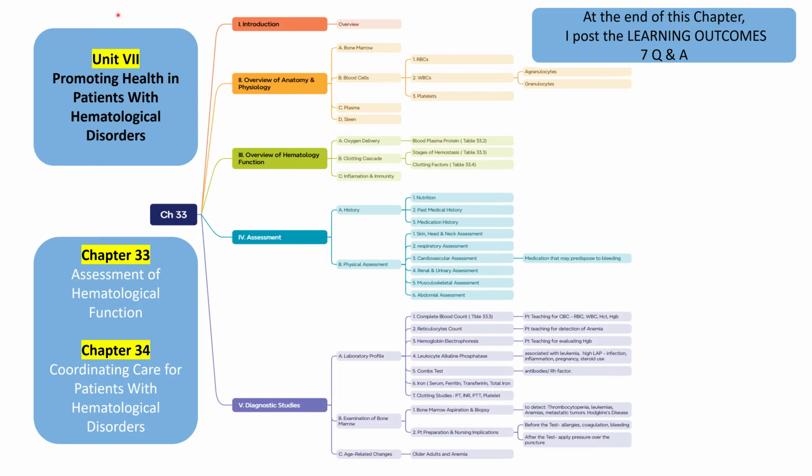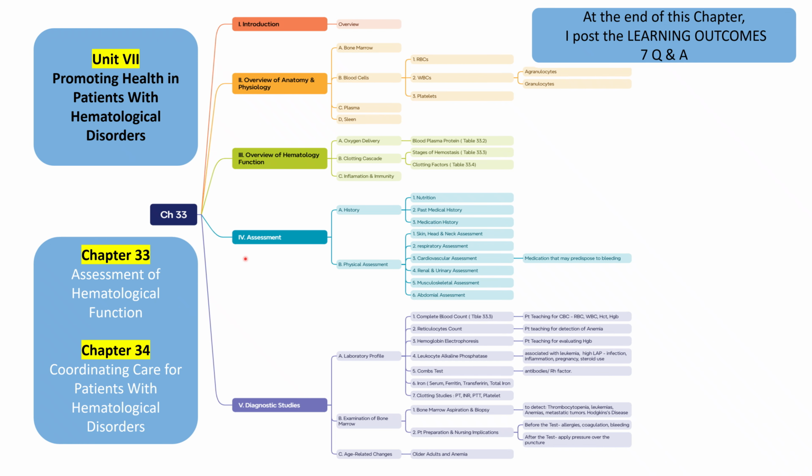But this book likes to give an overview of the blood. So at first the chapter talks about the introduction, an overview about blood, then an overview of anatomy and physiology and an overview of hematology function. This is kind of one category, but I separate it.